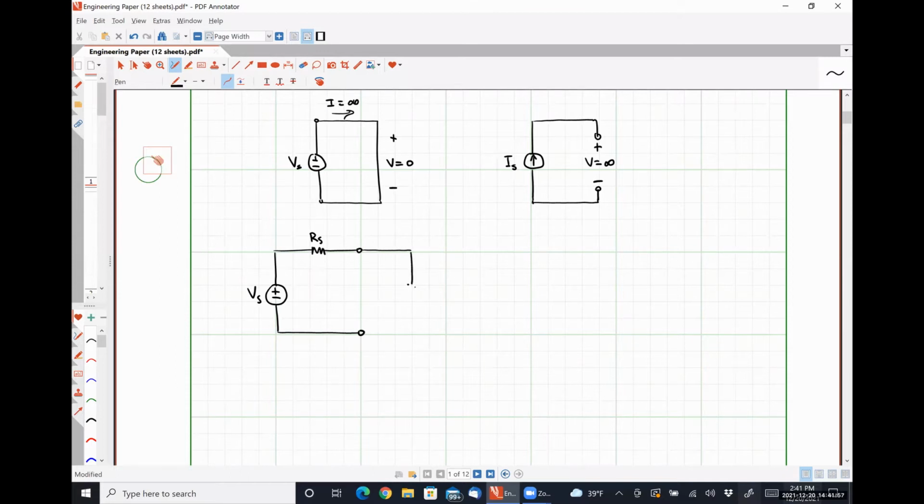And then out here, we apply some load resistance RL, where the voltage drop over our load resistor is VL, and the current flowing through our load resistor is IL, okay?